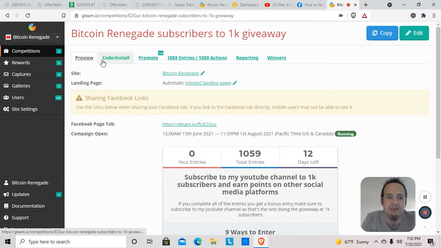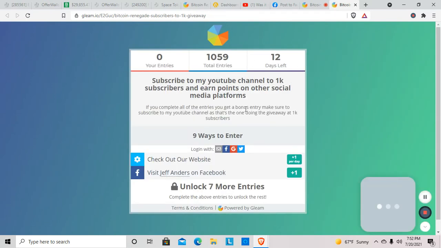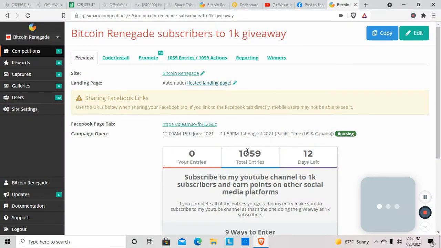It is going to be the actual hosted landing page. Here we go. This is where it's going to tell us how many users. No, it isn't. Okay, well, that's something it doesn't do anymore.